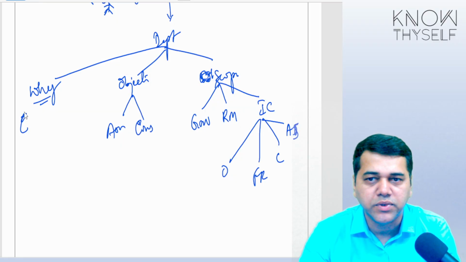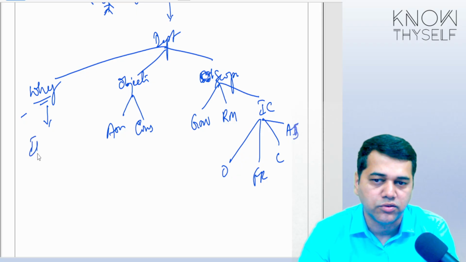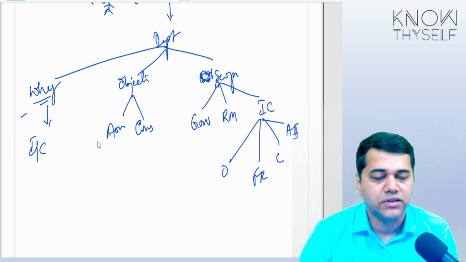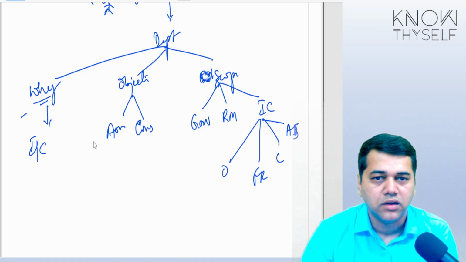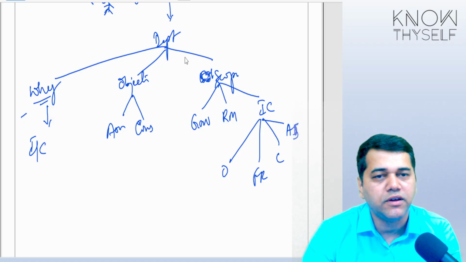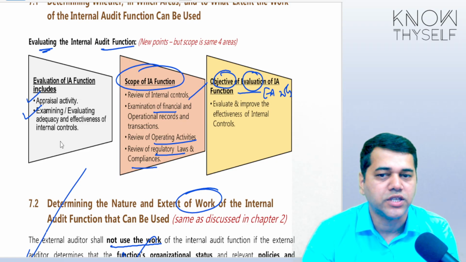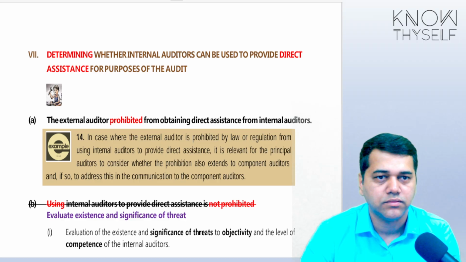Because the primary purpose here is to understand the effectiveness of the internal controls, because he may want to rely on their work. So what do you mean by evaluation? Evaluation means objective appraisal of the activity. You check whether they are adequately staffed or whatever. This is what you check.